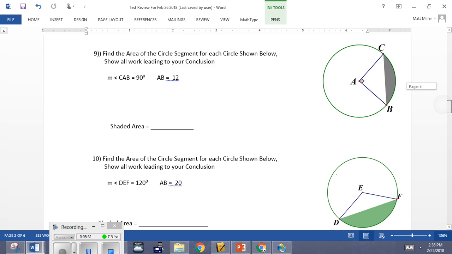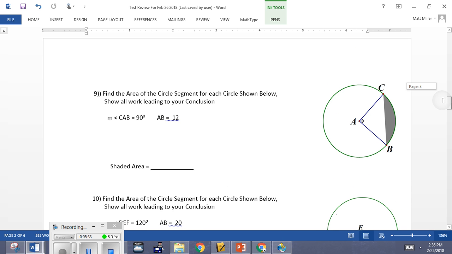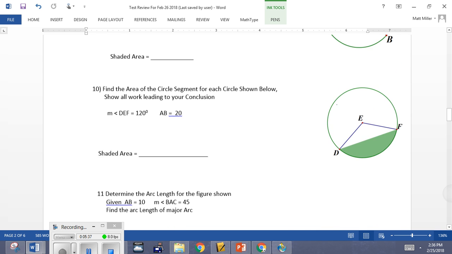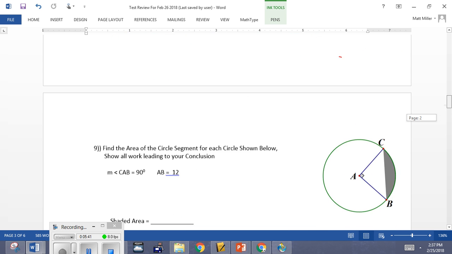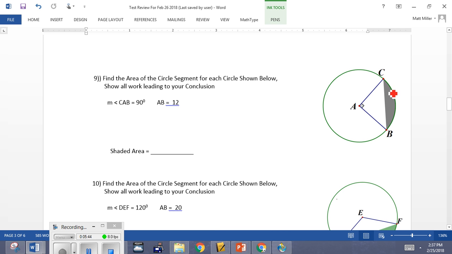These are a little bit more involved actually. So let's do 1. We're looking for the segment of a circle. That's this shaded region, and that shaded region is the sector minus the triangle.